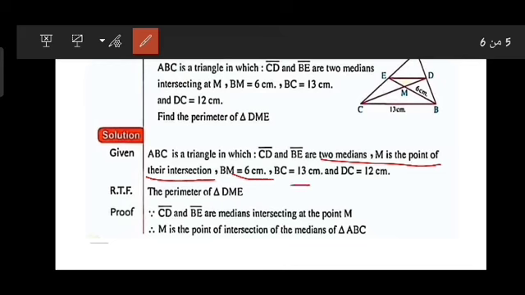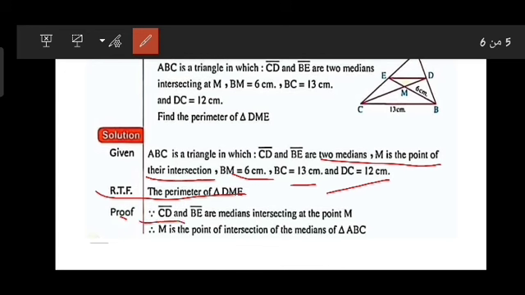BM equals 6, BC equals 13, and DC equals 12. If we write this given in exams, we get 1 degree from 5, for example. Required: to find the perimeter of triangle DME.